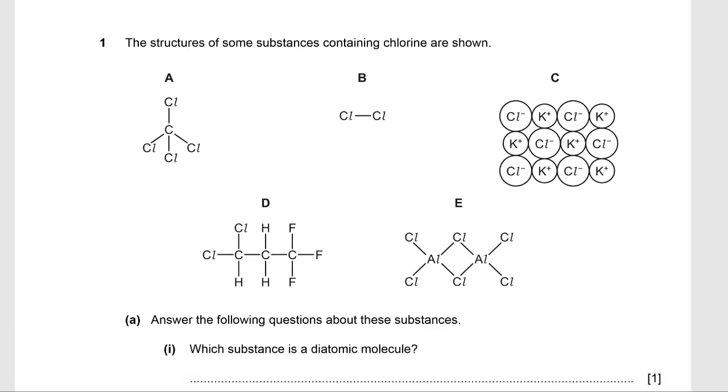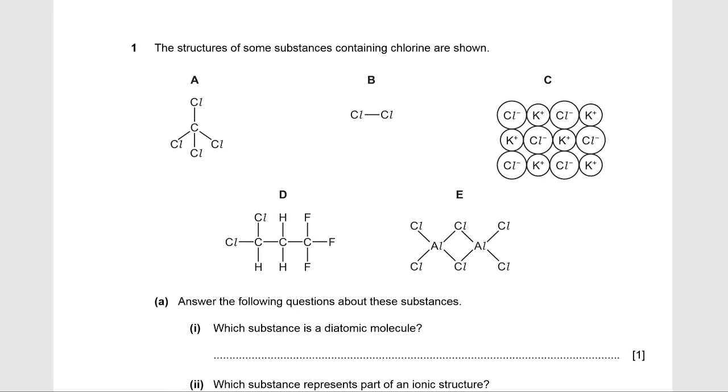Here in this question, the structures of some substances containing chlorine are shown. We have in the first compound tetrachloromethane, the second compound chlorine, and the third compound potassium chloride.